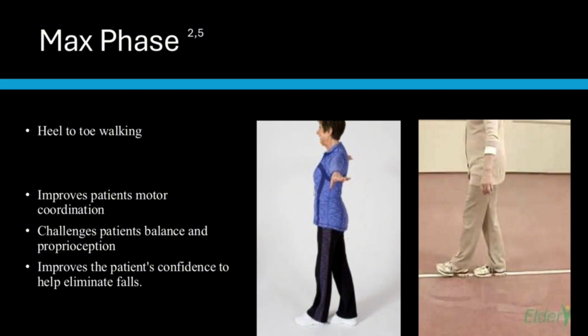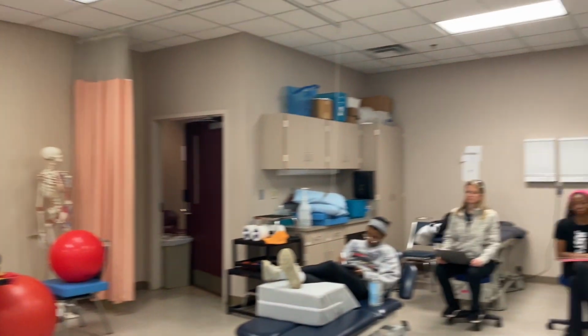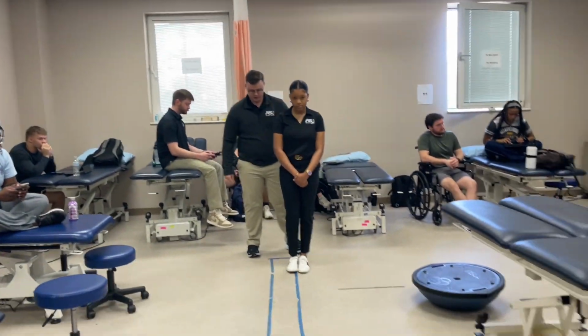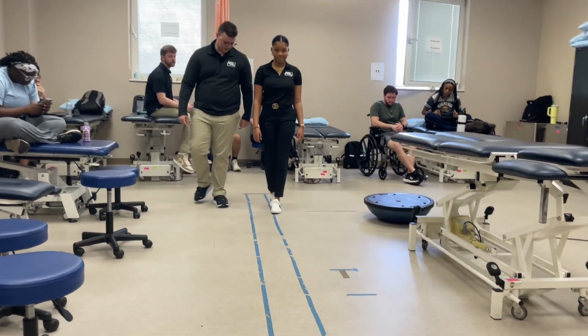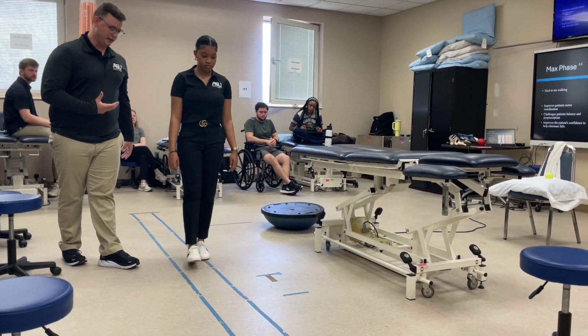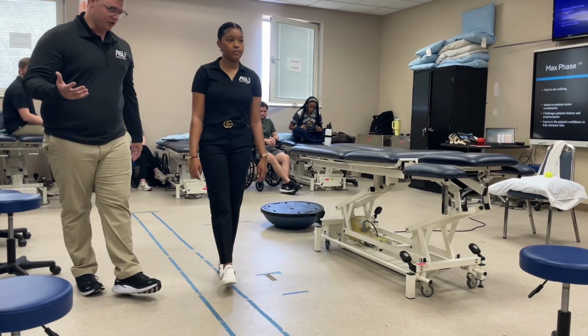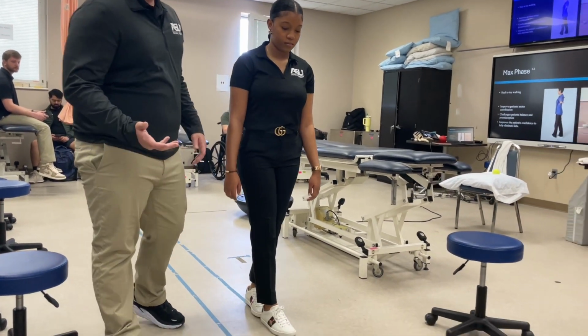This improves the patient's confidence to eliminate falls once again. So for this, I'll have my patient come in this line, and I would tell her to just try to touch her heel to your toe and walk in this straight line for me. And as a therapist here, you're always by their side in case they have loss of balance, ataxia, loose coordination, or they do have a drop attack.